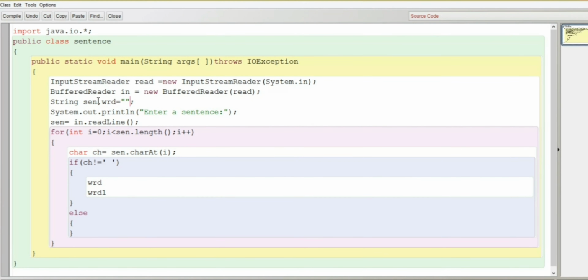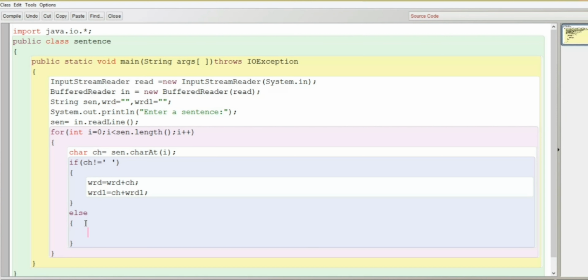If it is not a space, then I'm trying to collect that word till a space comes. I'm collecting the word in WRD and WRD1. That's why I wrote WRD and WRD1. In WRD, I'm collecting the word in the same form, but in WRD1, I'm collecting that word in reverse form.